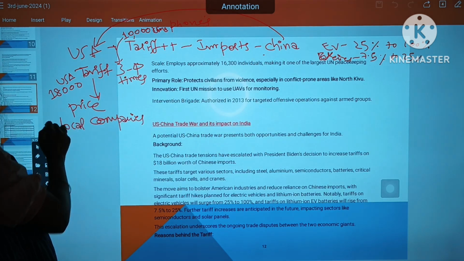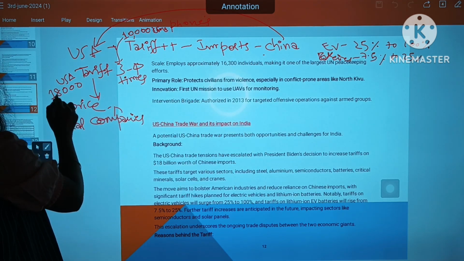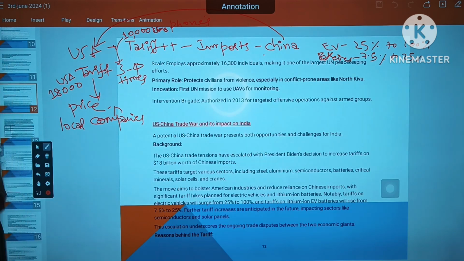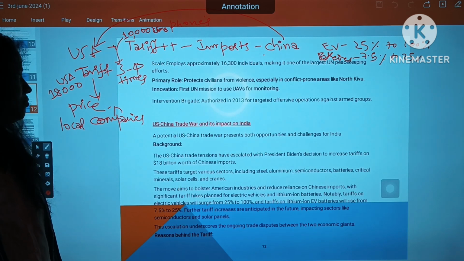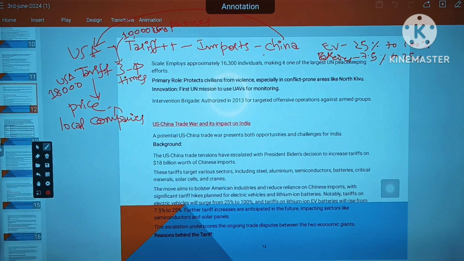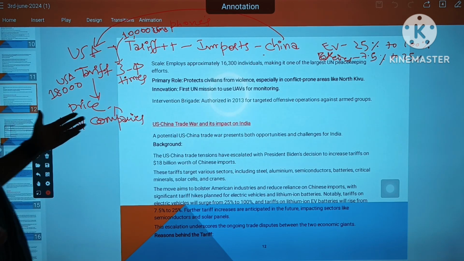They will buy the mobile phone only from local companies. They do not prefer Chinese products. So like that it happened.